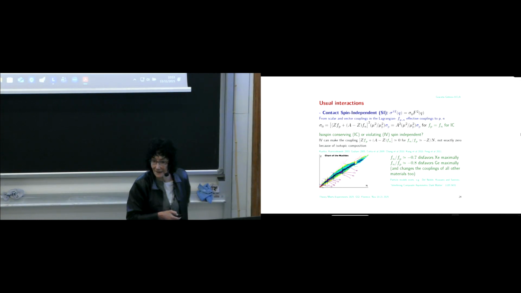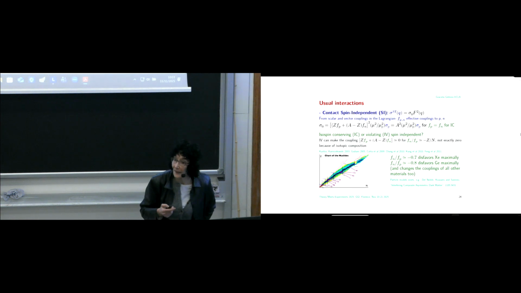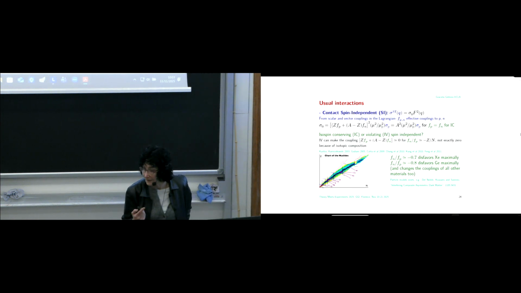Now, there are two that are the most used experimentally in order to present data, which are spin independent and spin dependent. Spin independent is a coupling due to a scalar mediator or a vector mediator. In the non-relativistic limit, it transforms into a coupling that is just one, so you're counting essentially the number of particles.